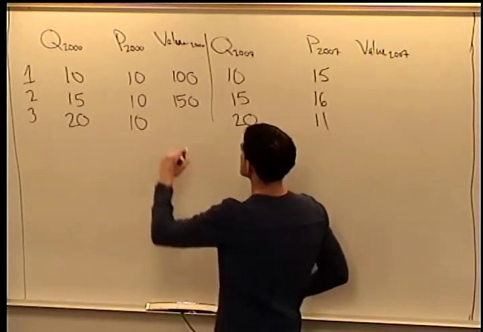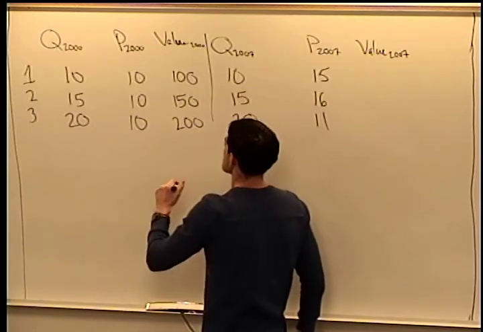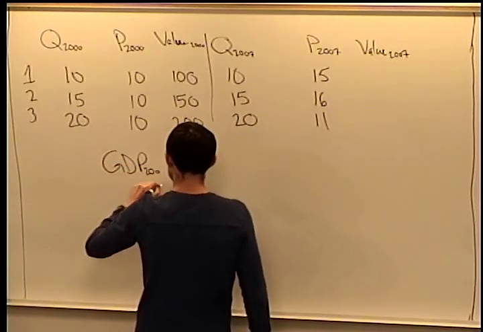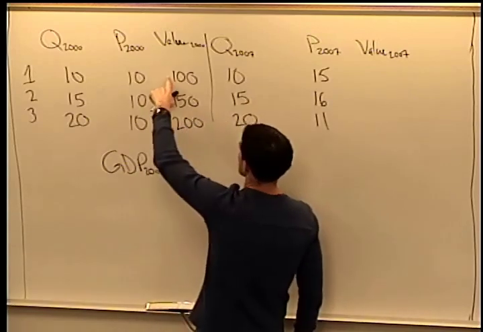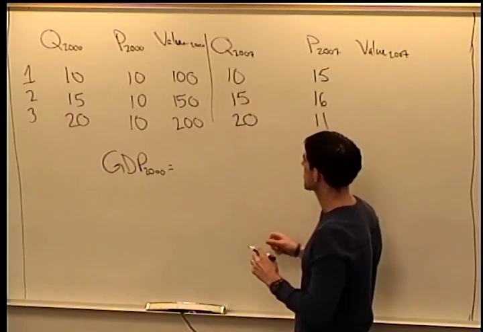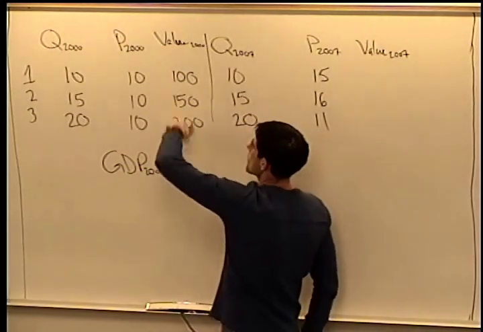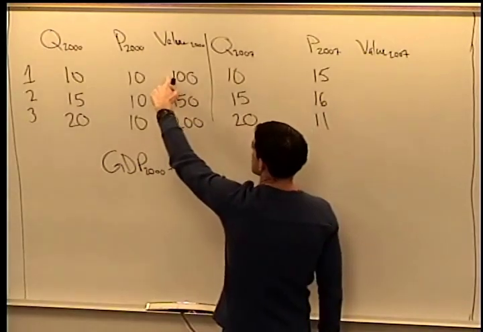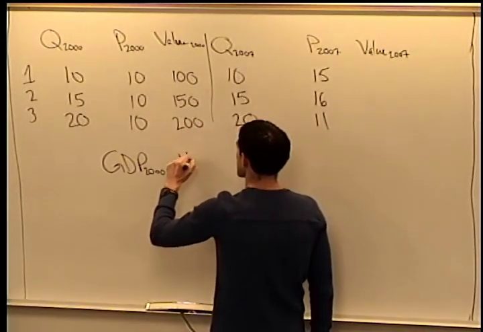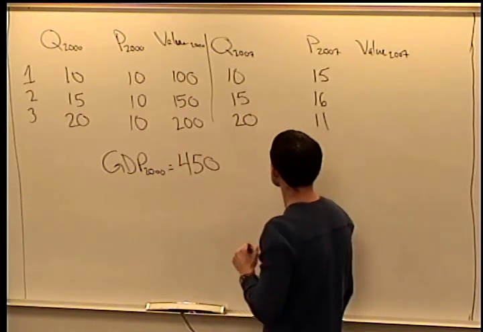And for good 3, we produced $200 of value. So GDP in 2000 was equal to 100 plus 150 plus 200. We multiply and then we add. So 100 plus 150 is 250, plus 200 equals $450.